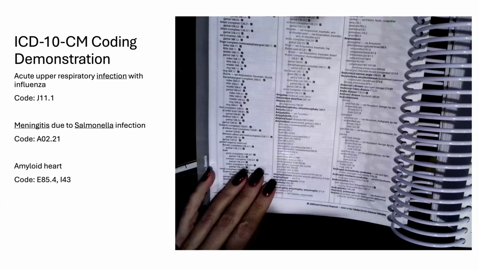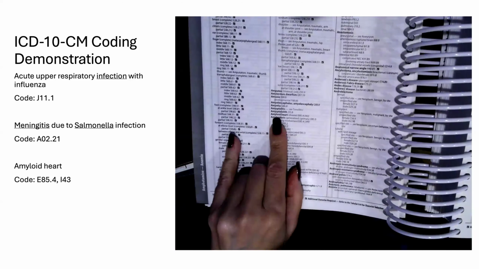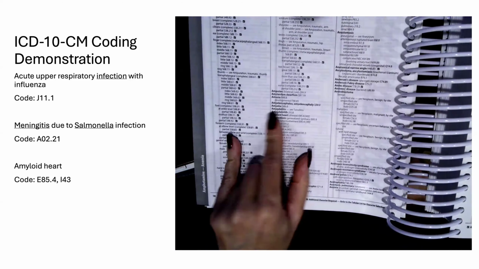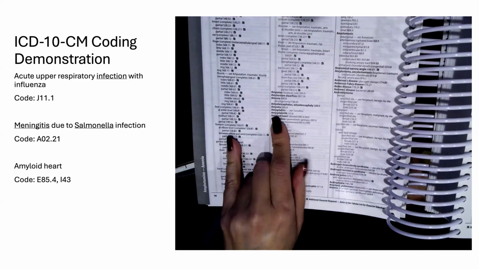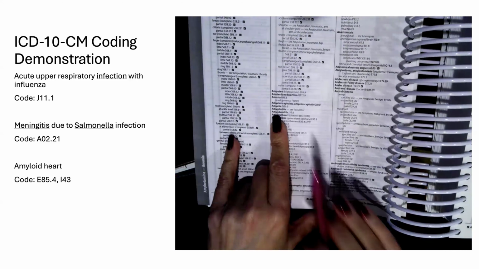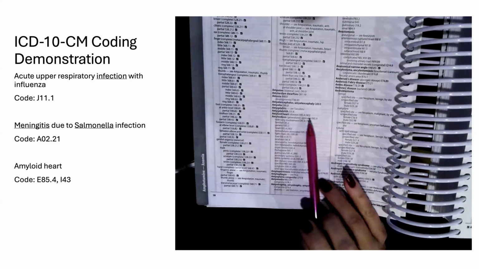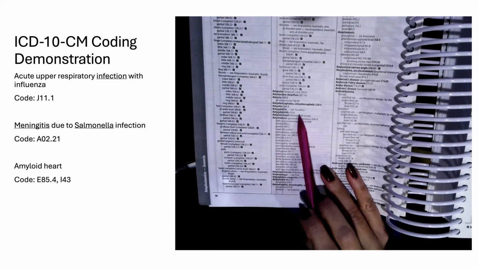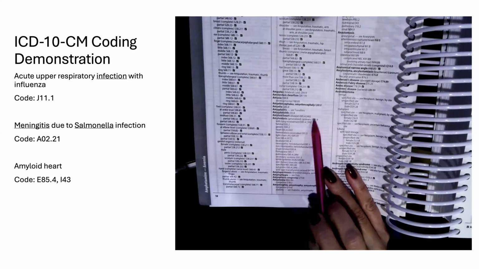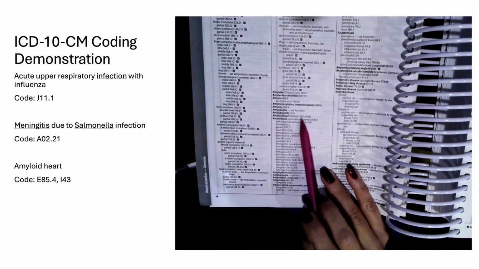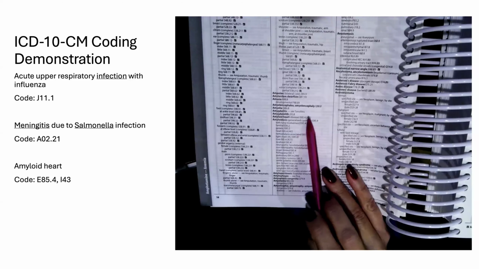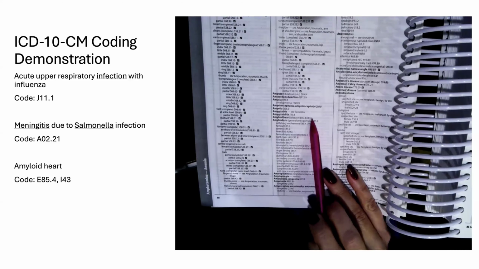And here we have amyloid, and the whole term in this case is amyloid heart altogether. That's the name of this specific disease. Now, what we have here is an example where you have an etiology and a manifestation code. So we have the first listed code that you're going to use, followed by the additional code in brackets.